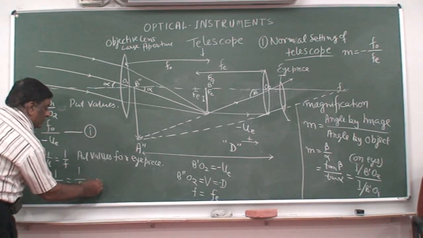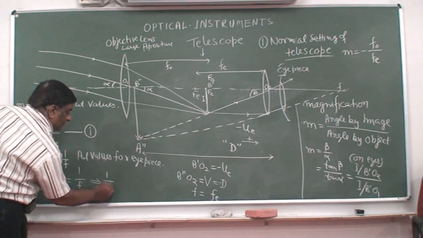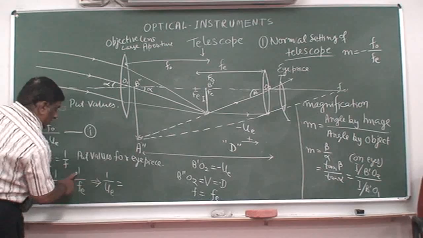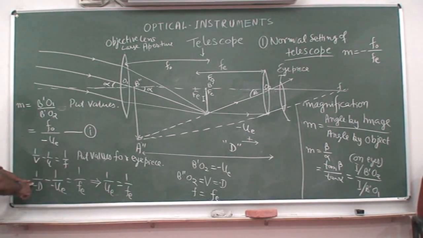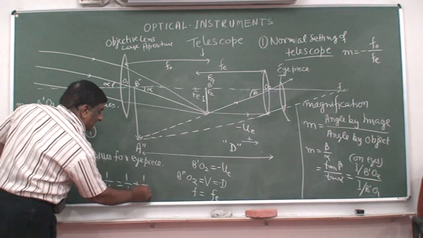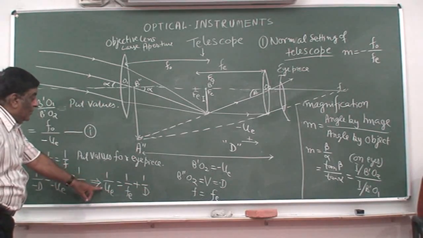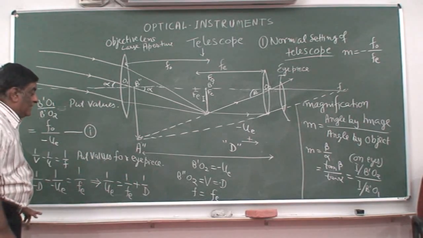So this will lead to 1 upon UE is equal to 1 upon FE, and this will go there and become plus 1 upon D. 1 upon UE is equal to 1 upon FE plus 1 upon D.